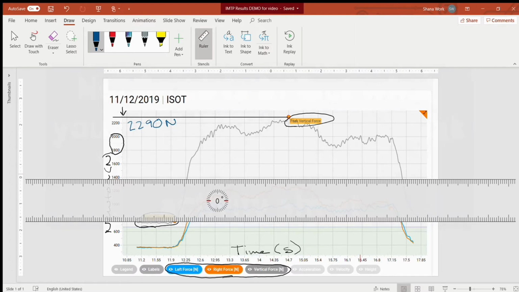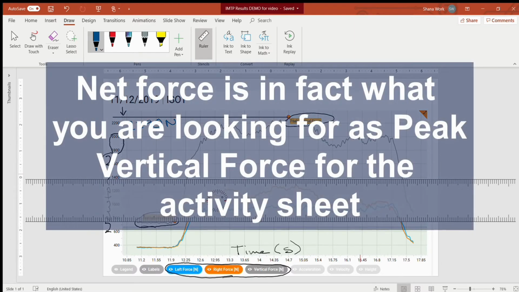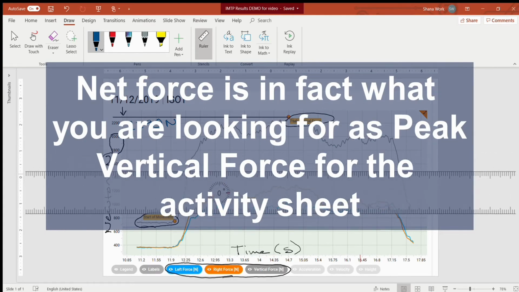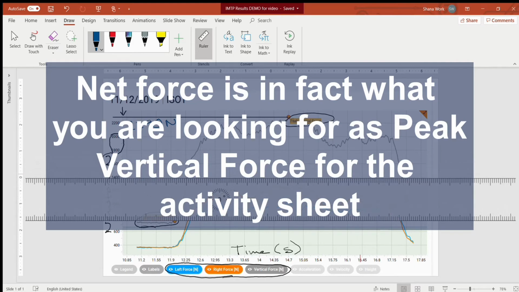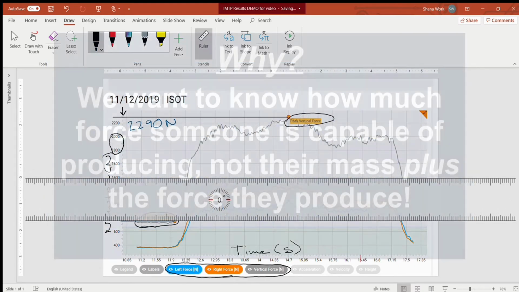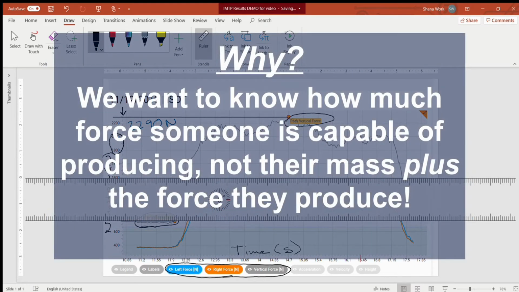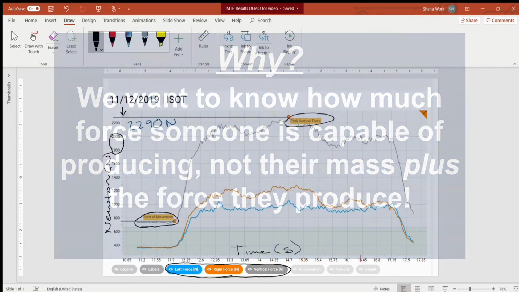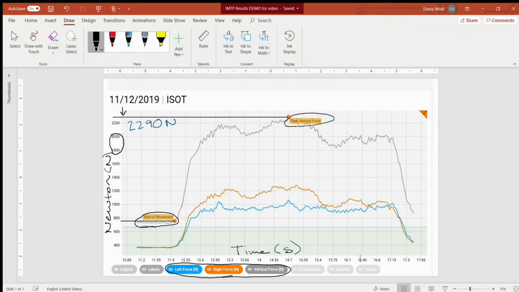Now, in order to get the net force, we also need to subtract the initial force. So we're going to come down to the start of movement, and again, draw one horizontal line that crosses the y-axis once more. Here, we can see that this is about 750 newtons, so we're going to use that value for ease.